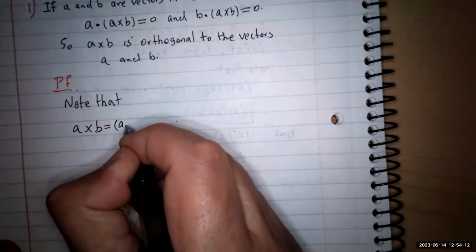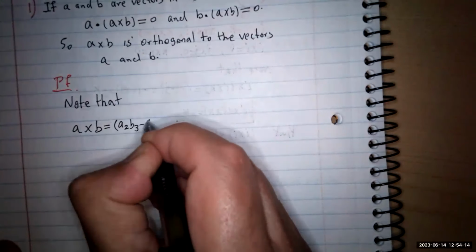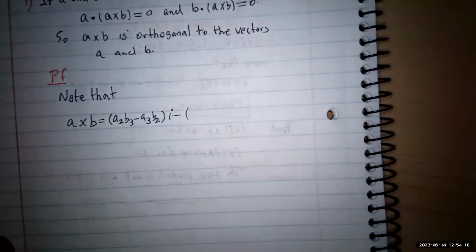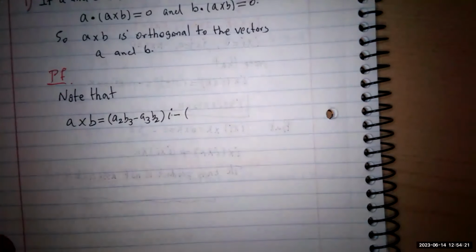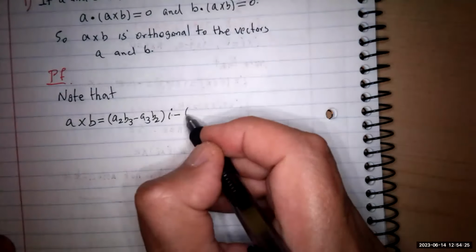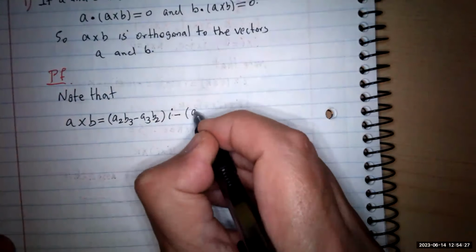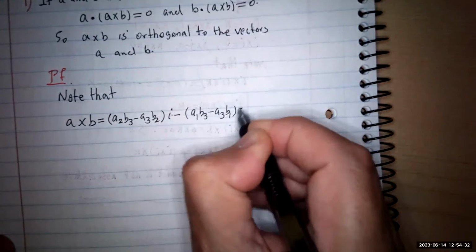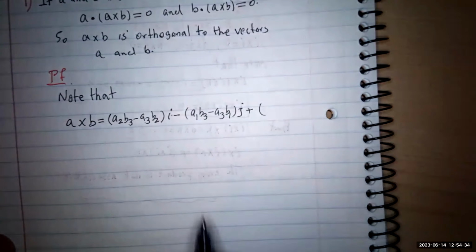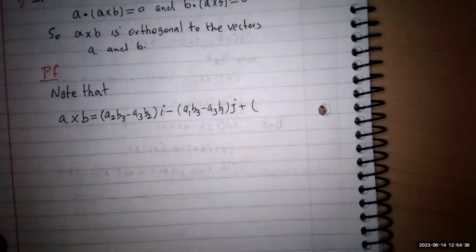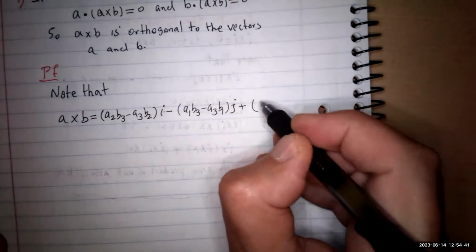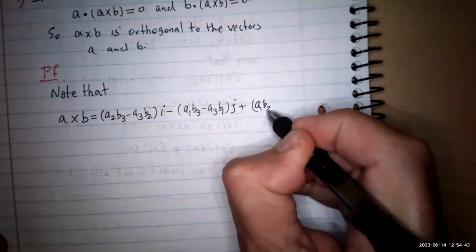Remember, for the I it was the 2, 3, 3, 2 minor, minus, for the J, it's going to be 1, 3, 3, 1, and for the K, it's going to be 1, 2, 2, 1.